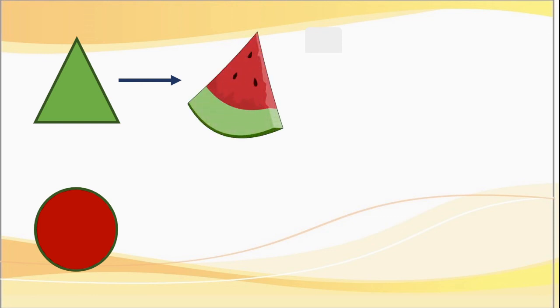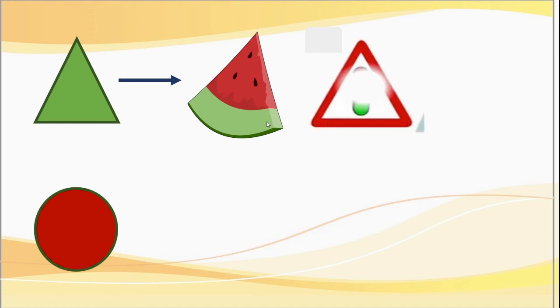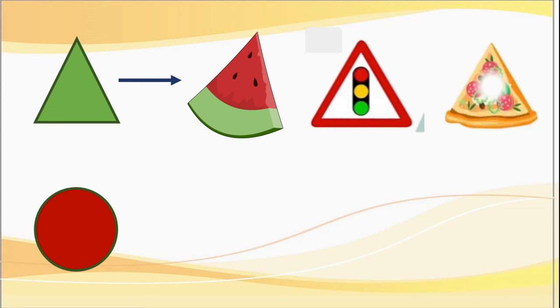Next are triangle shape and circle shape. Yes, I will give 3 examples of objects which have triangle shape. See, this is a piece of watermelon. This is a sign board, traffic signal board, right? This is a piece of pizza, isn't it?